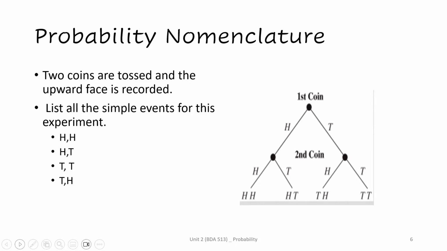Remember that the coin has heads and tails. So we can have a situation where we have head for each of the coins, or head and tail, or tail and head, or tail tail. In this scenario, you see that you get 4 outcomes for this experiment.